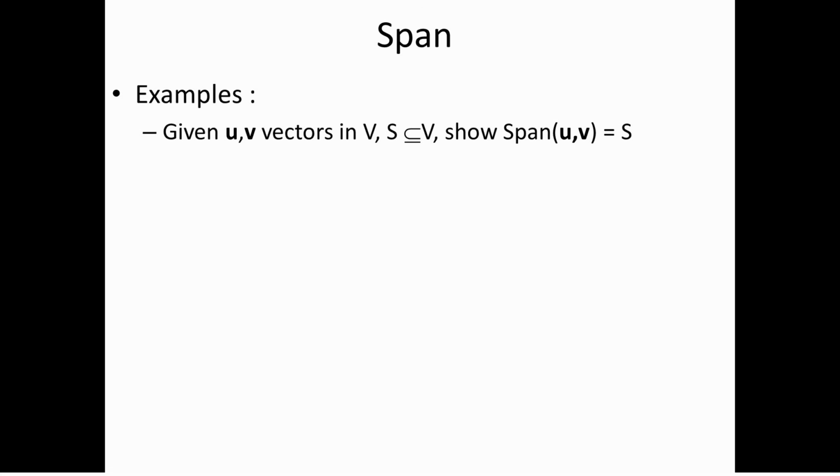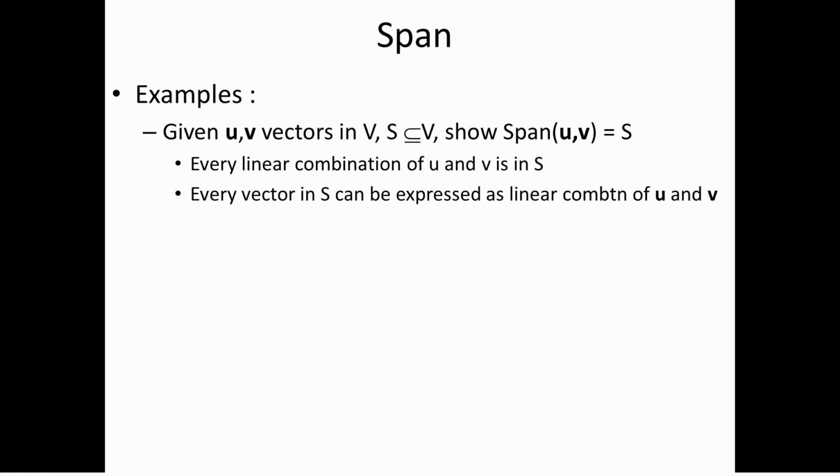So if we want to show two sets are equal, first we have to show that every linear combination of U and V is in S. In other words, every element in the span is in S. But then we have to show that every vector in S is in the span of U, V, which means it can be written as a linear combination of U and V.